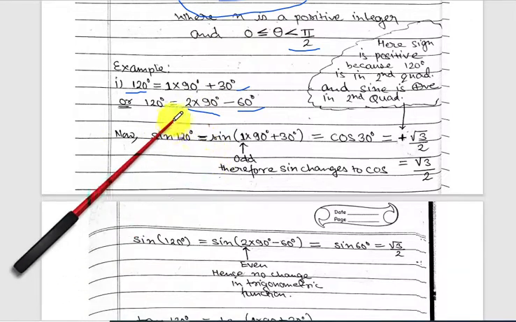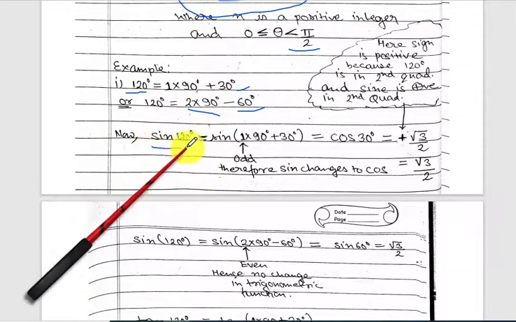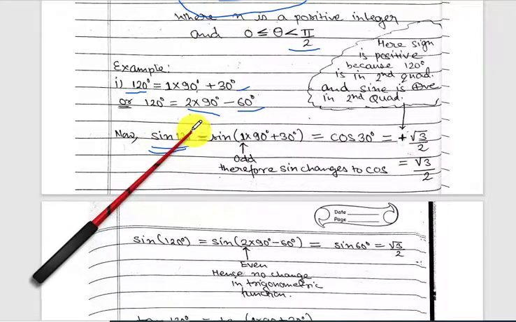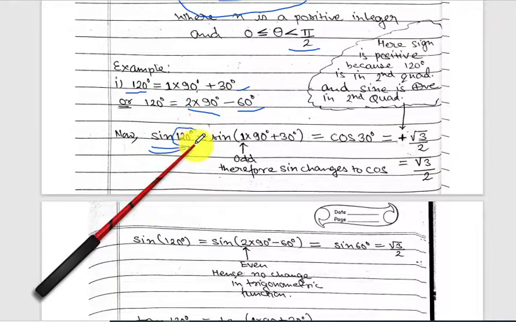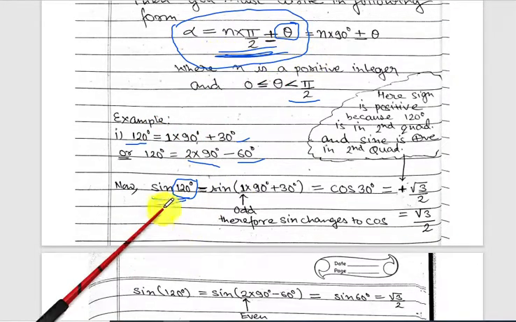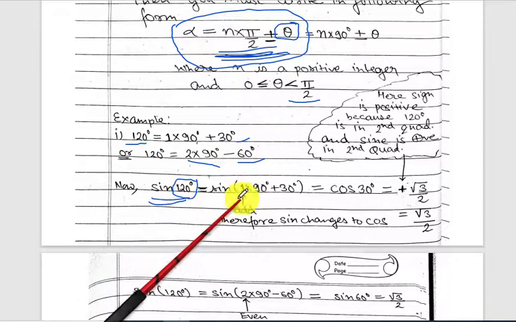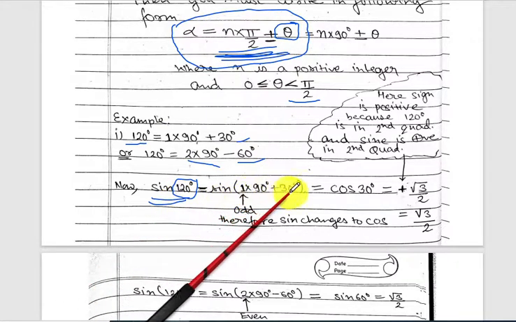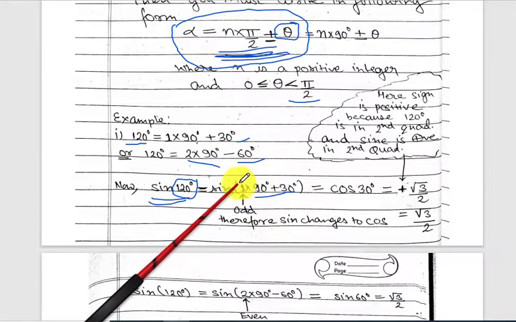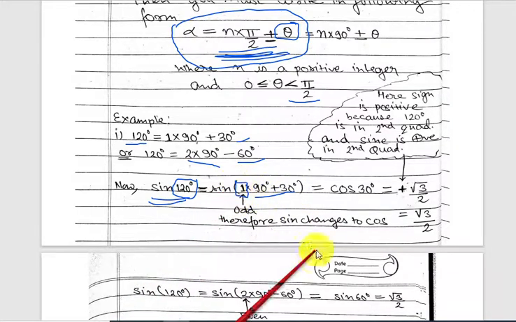Now suppose I want to find sine 120 degrees. Firstly, you should write this angle in this form. So I can write sine of 1 into 90 plus 30. Now we have to see whether this integer is even or odd.